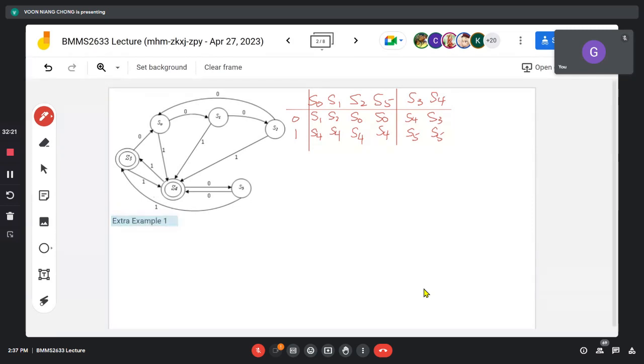S5 is S4 and S3. S5 is S4. Okay. Is it correct? The diagram is very small. S5 goes where? S0.